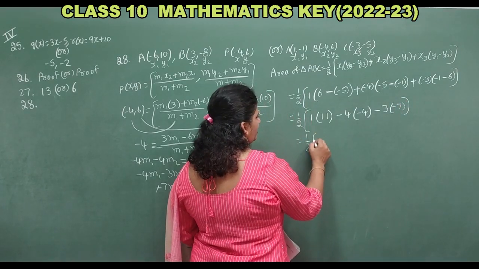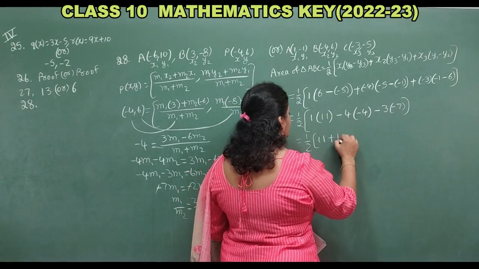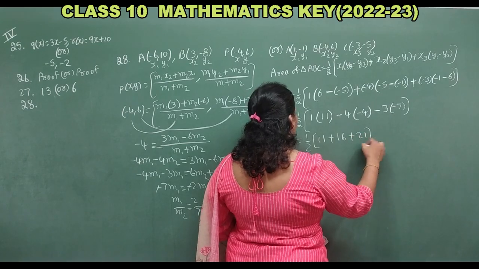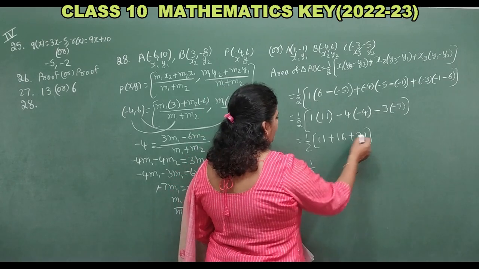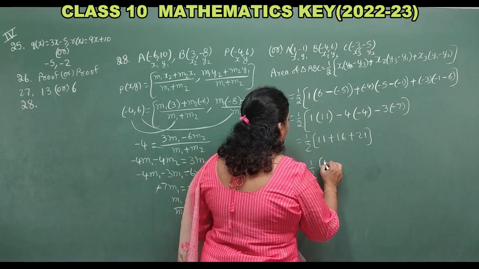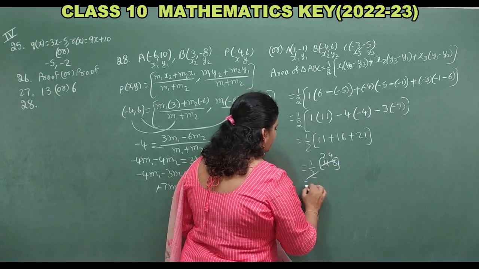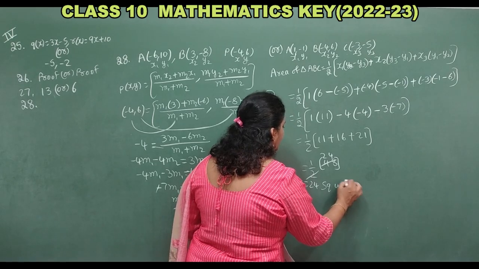Half of 1 into 11 is 11, minus into minus plus, 4 4s are 16, minus into minus plus, 7 3s are 21. And now add all this, it will be 48 by 2. Cancel, 24. 24 square units is the area.